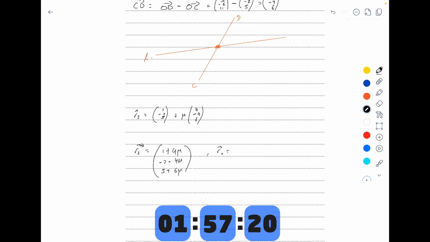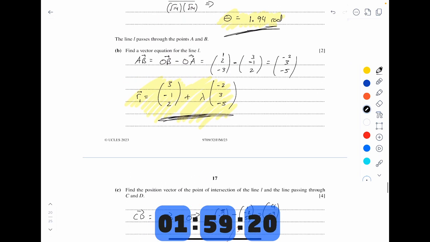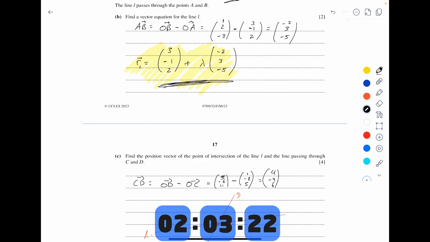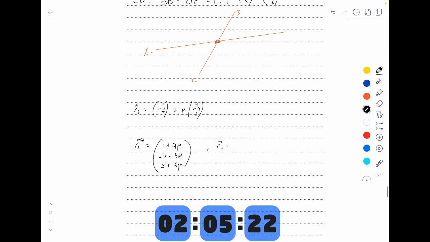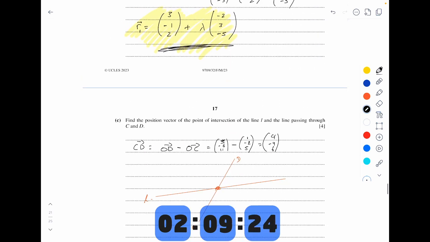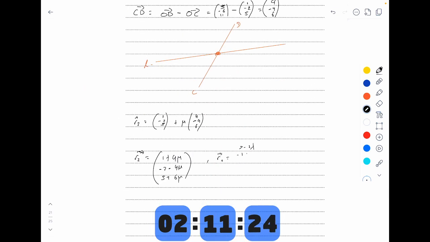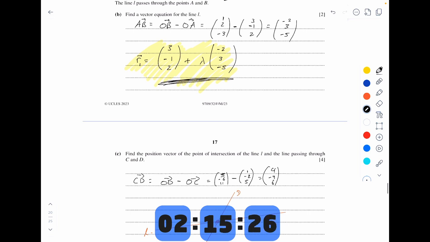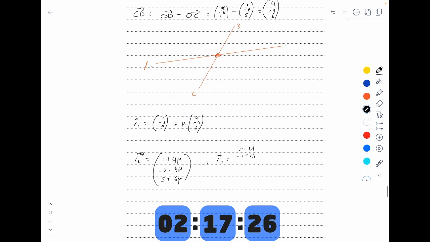R1, what's R1 going to equal? Well, this is R1 from our previous calculations, which I didn't go through before. It's quite easy. So (3 minus 2 lambda, negative 1 plus 3 lambda, 2 minus 5 lambda).